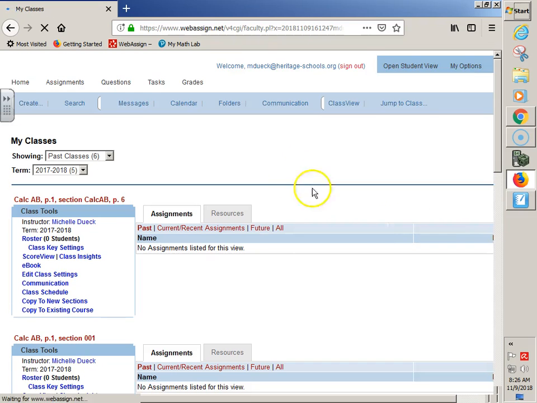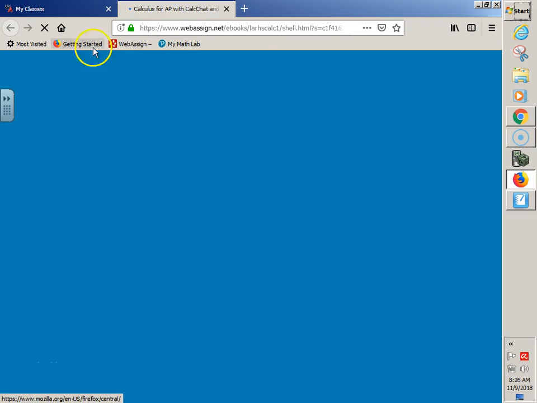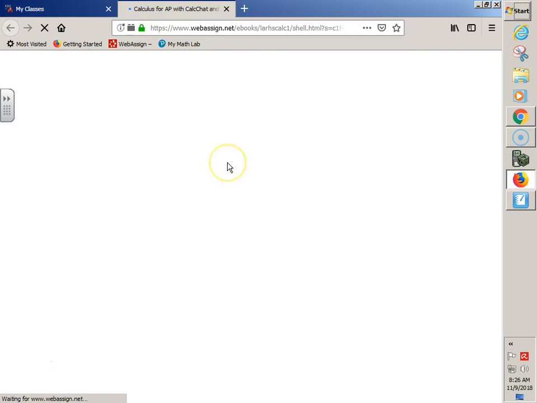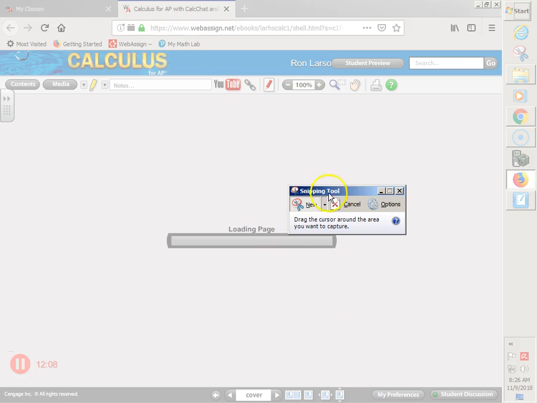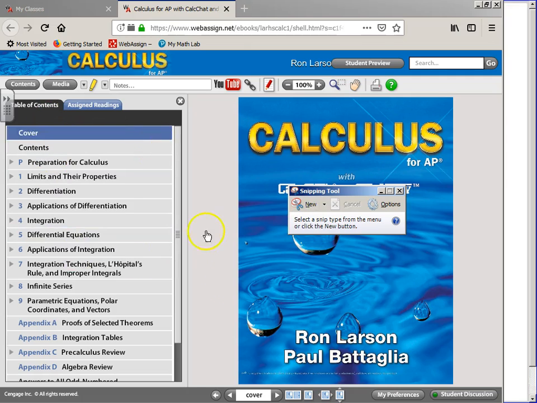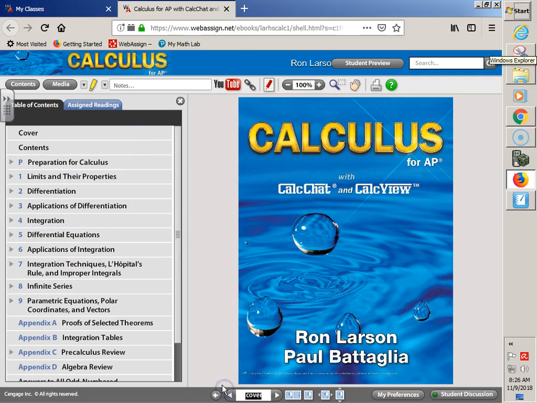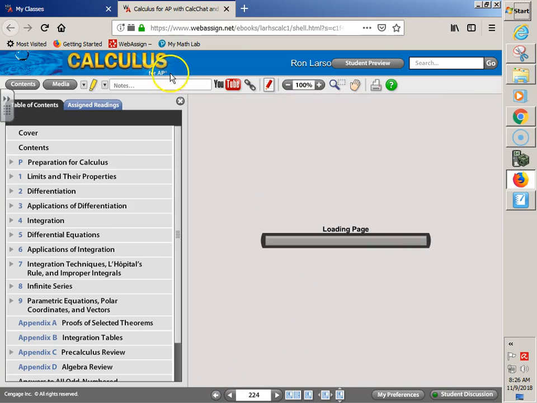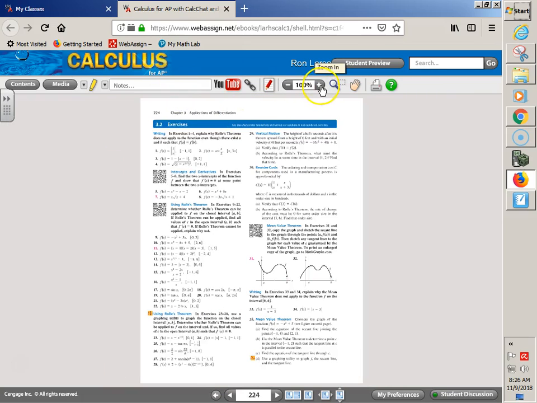We have a few. Okay, Allie, what do you got? 35. Anything before 35? Okay. What page is homework on? 224. What were the directions for 35, Allie? Is it MVT or Rolle's, or what were we doing?